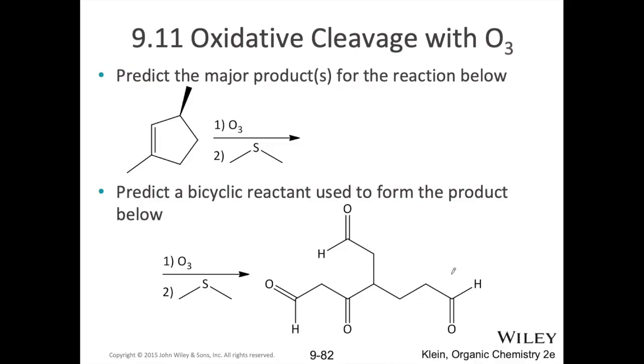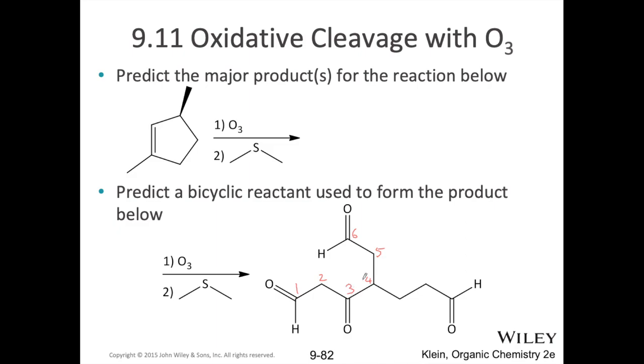We have a 5-carbon ring that way. So basically, it might be easier here to number the carbons to see exactly which carbons are connected to which. So for example, if I number these 1, 2, 3, 4, 5, 6, okay, then we can see that carbons 3 and 4 are part of this other ring.